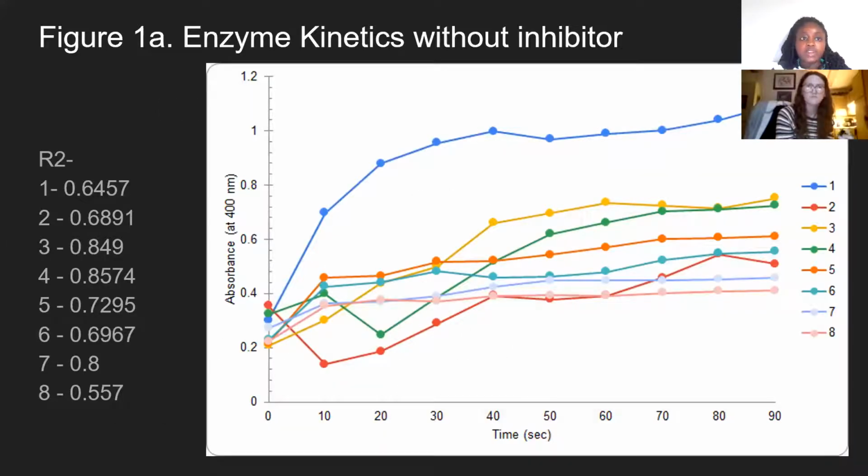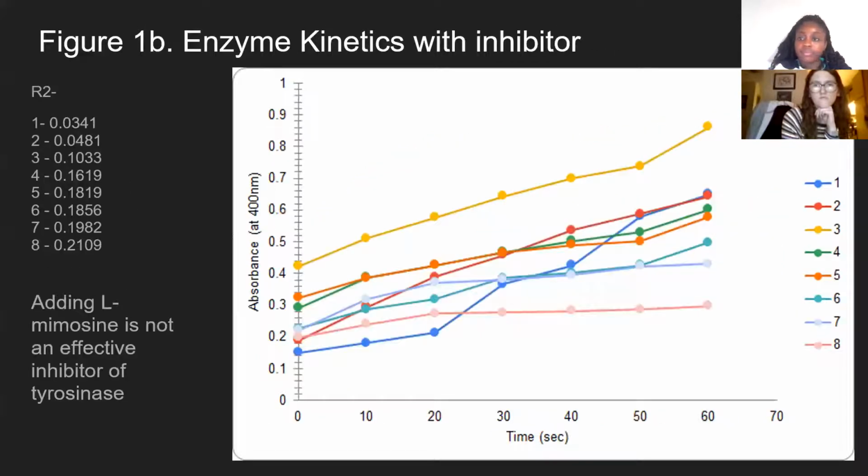Figure one is a graph that shows our enzyme kinetics without the inhibitor. The R-squared values showed everything was more than 0.5, but less than 1. And here are our enzyme kinetics with the inhibitor.